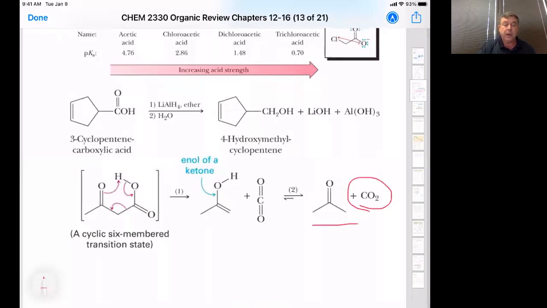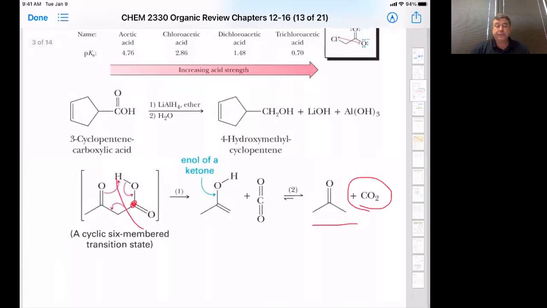So literally we've cut one carbon off of this chain and removed it as CO2, and we are left with just the ketone. So this decarboxylation reaction is specific to these beta carbonyl carboxylic acids. It's very hard to do it otherwise, but because of this transition state, it does happen.